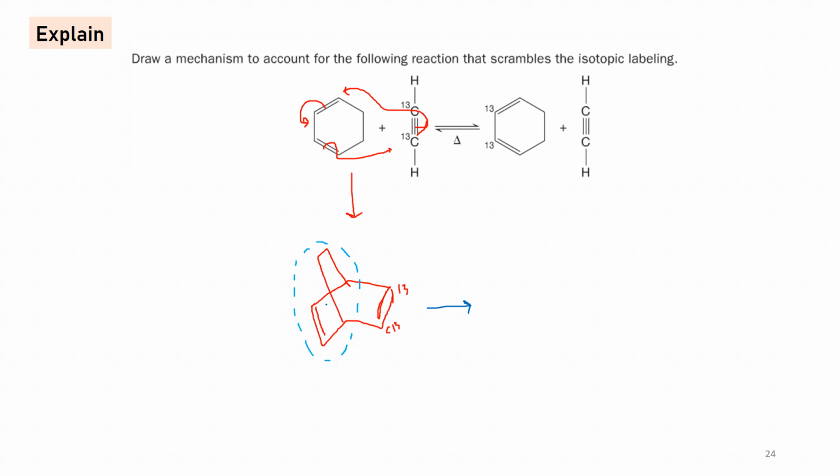Then it is possible that whatever dienophile is there gets removed, there will be a reverse Diels-Alder reaction.